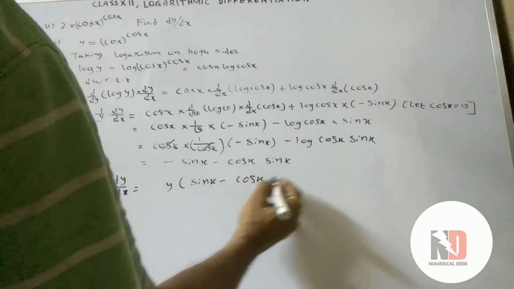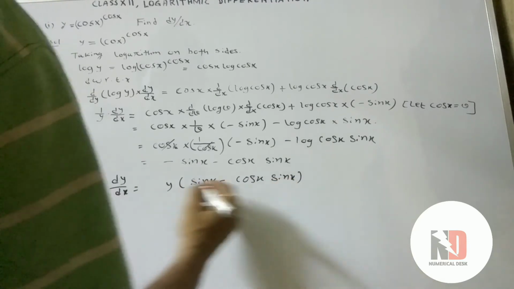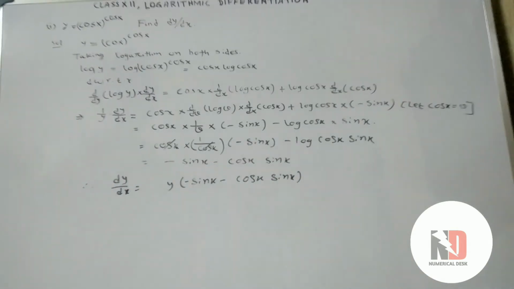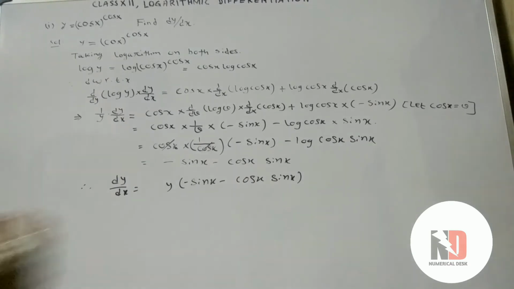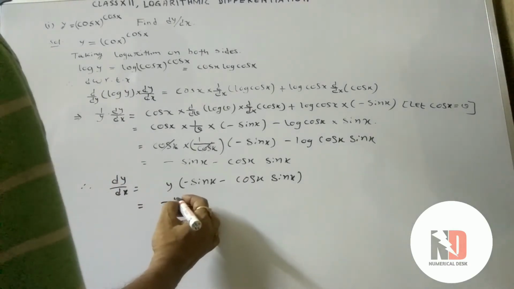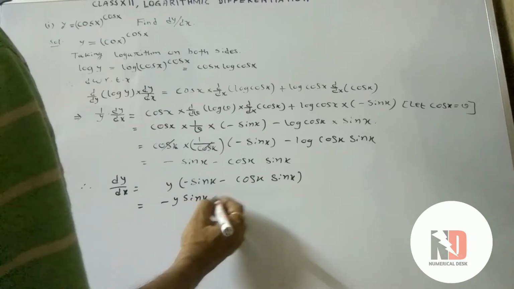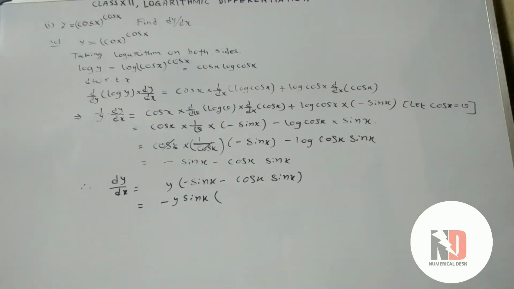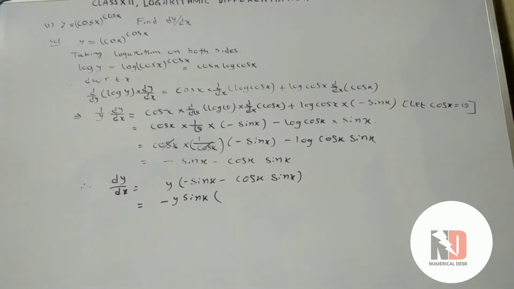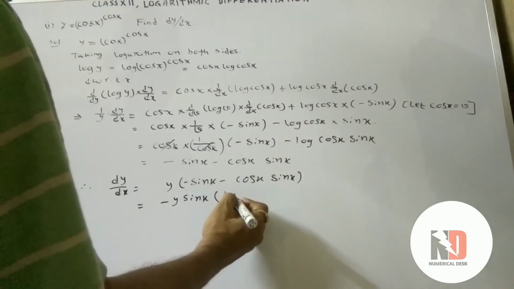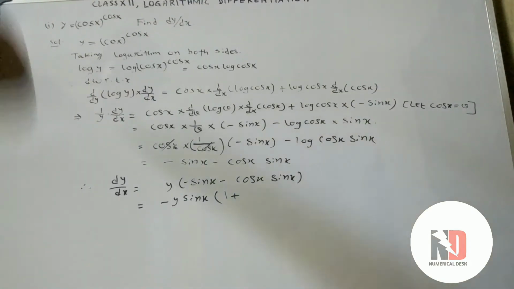So it is minus sin x minus cos x sin x. Taking minus sin x common, minus sin x is outside, it becomes 1 plus log cos x, 1 plus log cos x.